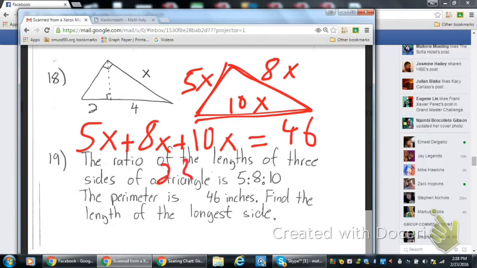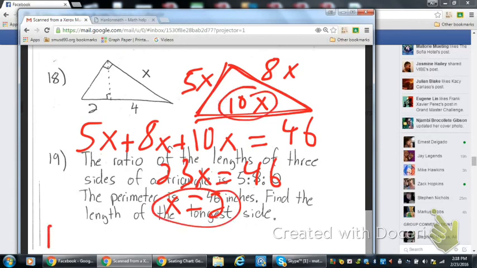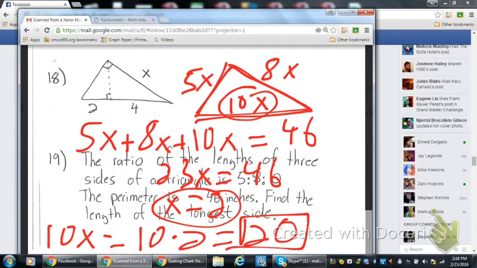So we get 23x equals 46. x equals 2. We're done, right? Nope, we're not, because it wants the longest side. The longest side is 10x. So 10x equals 10 times 2. So it's 20. Okay? So the problem is really made easy once you attach an x next to the ratios.